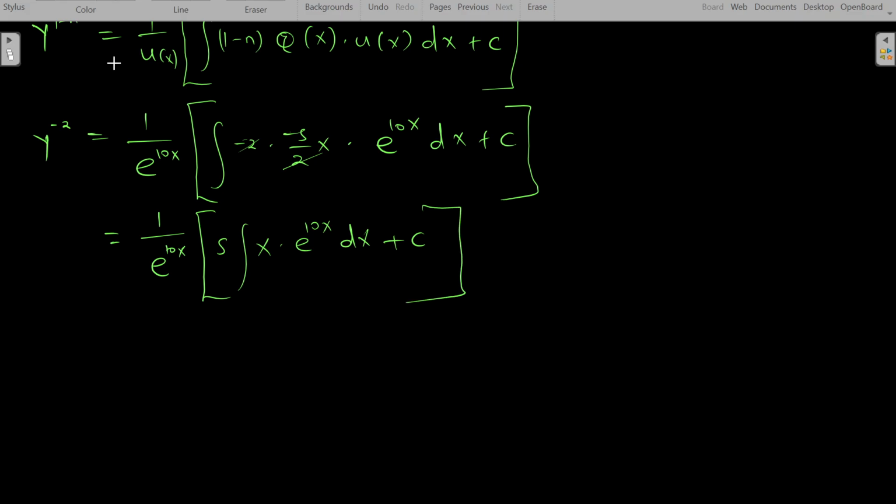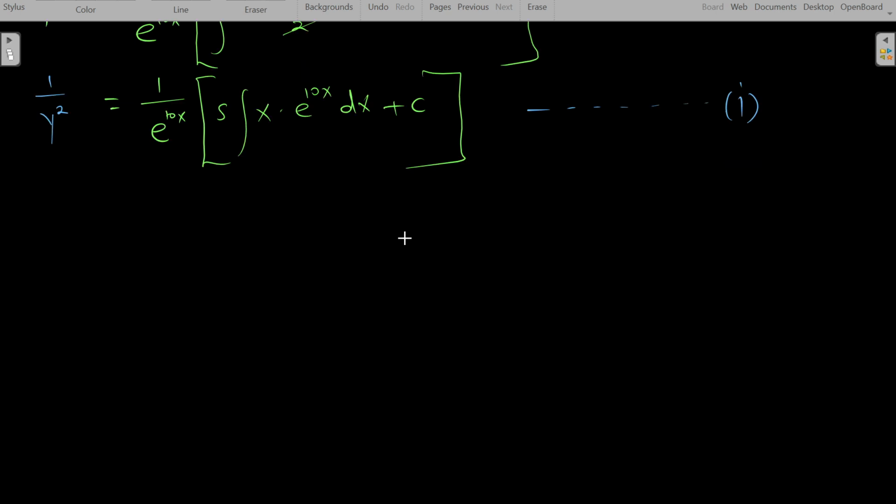So in our first step, we encountered the problem of integration by parts. Label this as 1 over y squared. This is our first equation that we should keep in mind. So let's go and calculate the integration by parts.